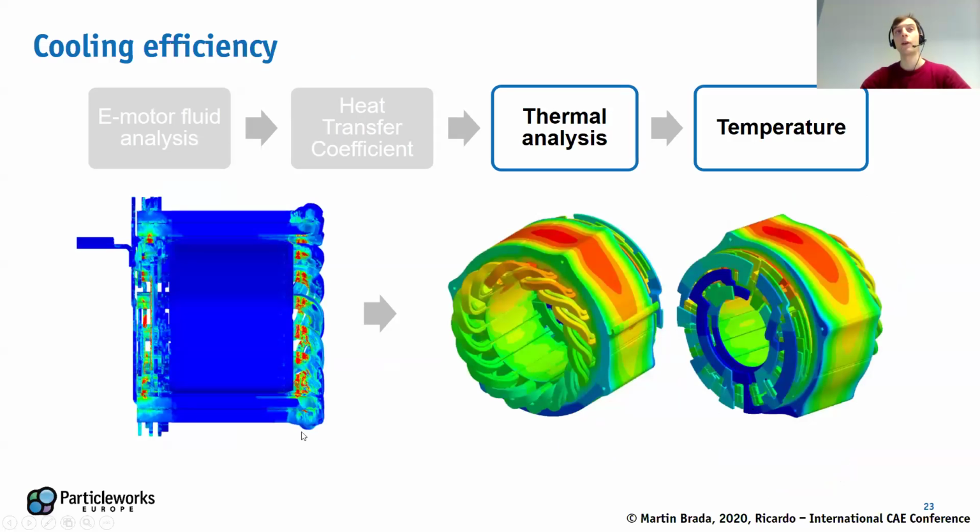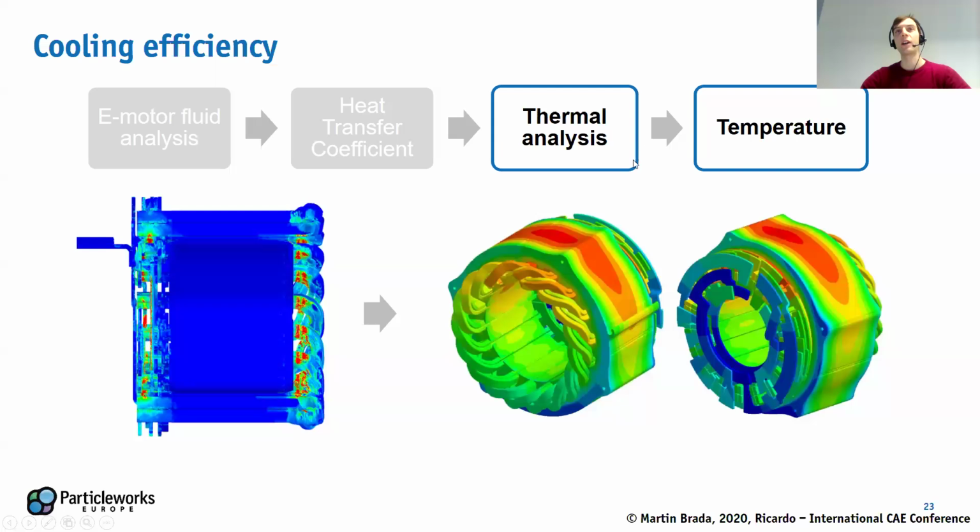Here you see an example of the heat transfer coefficient map on the windings. You see the jet impinging regions with very high heat transfer coefficient as expected. So you have to imagine that here we have two sets of nozzles that spray towards the windings.